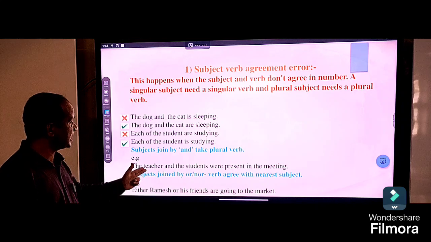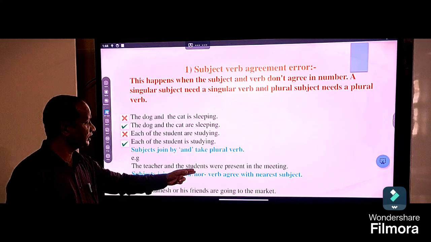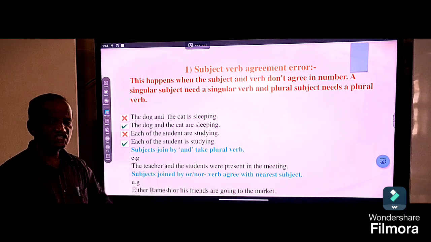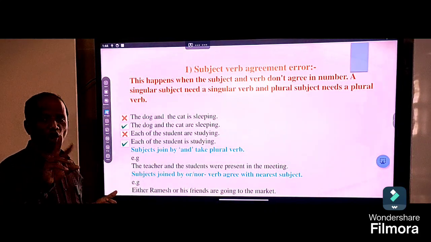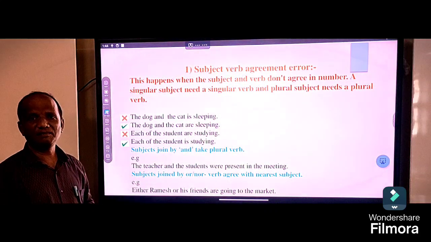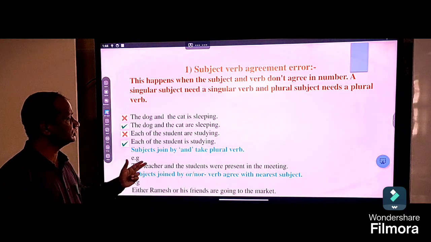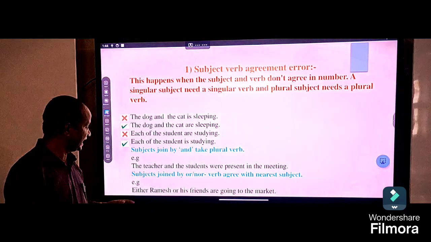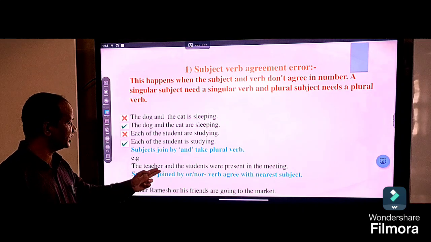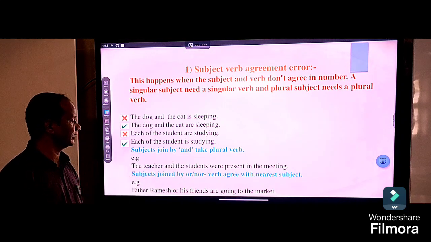Then if the subjects are joined by or, nor, the verb agrees with the nearest subject. If our subjects are joined by or, nor, at that time, we have to use the verb according to the nearest subject. That is, either Ramesh or his friends are going to the market.